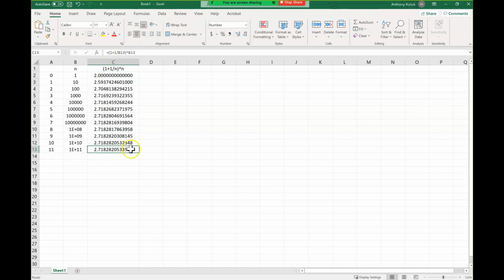But more and more of it is going to stay the same. Up to here, we have what looks like 10 or 12 decimal places that are all the same, but after this 3, they differ. You guys see that?